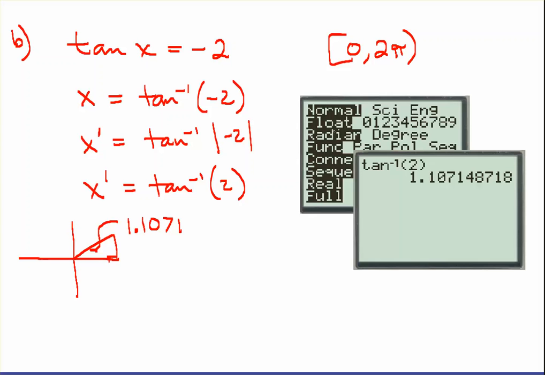So now we go back to our problem here. Our original one was negative, is that right? So you guys tell me here, which quadrants is tangent negative?